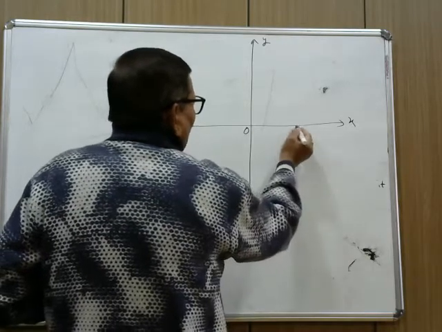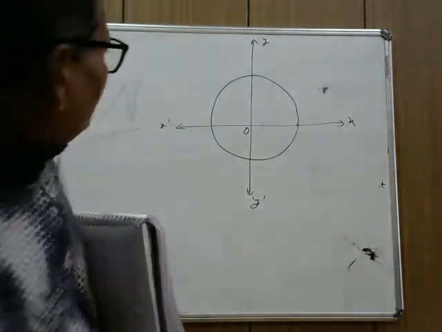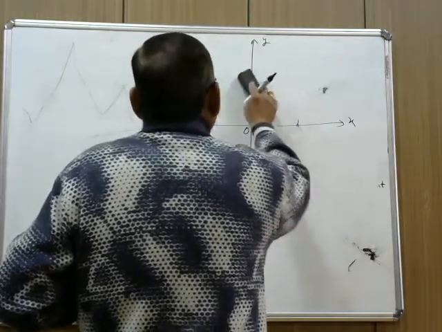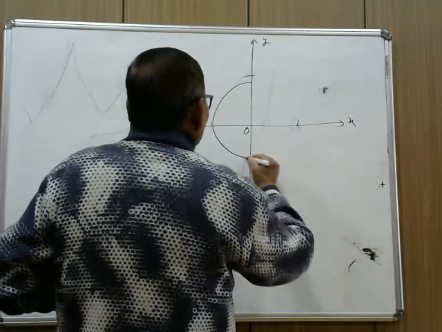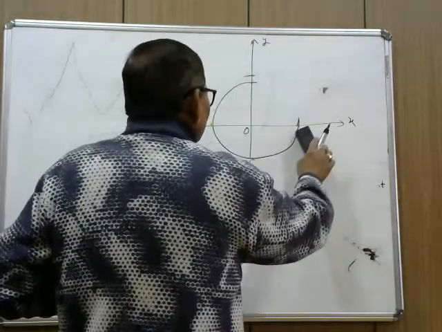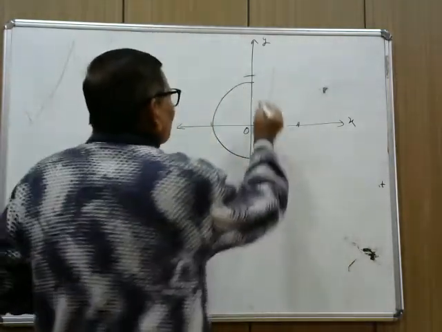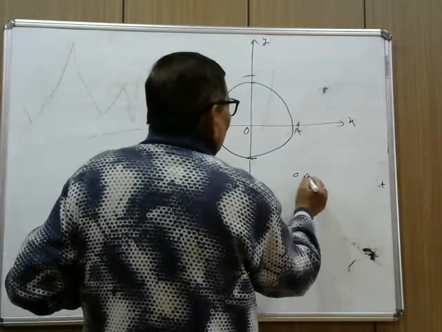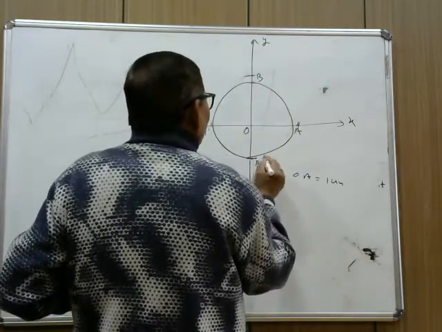When you draw a circle by using radius 1 centimeter, you see, when you draw a circle of unit radius, your OA is equal to 1 unit, that is A dash, this is B, and this is B dash.